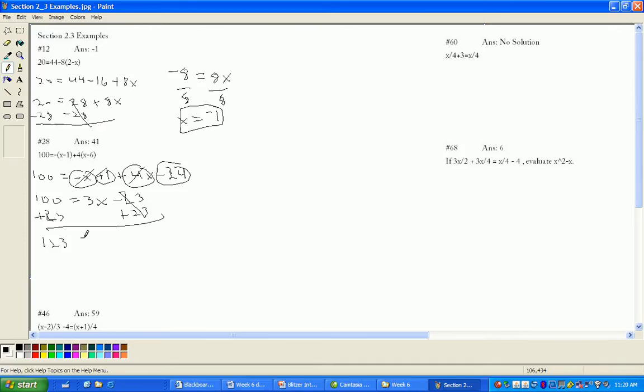Now to solve for x, we just have to get a 1 in front of there. We get a 1 in front by dividing both sides by 3. 3 divided by 3 is 1. 123 divided by 3, we know 3 goes into 120 40 times, add another 1, so x is equal to 41.